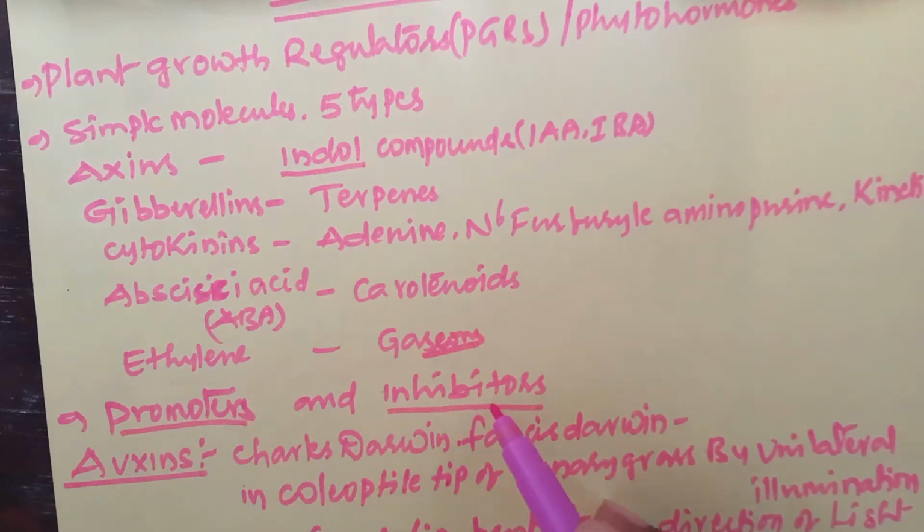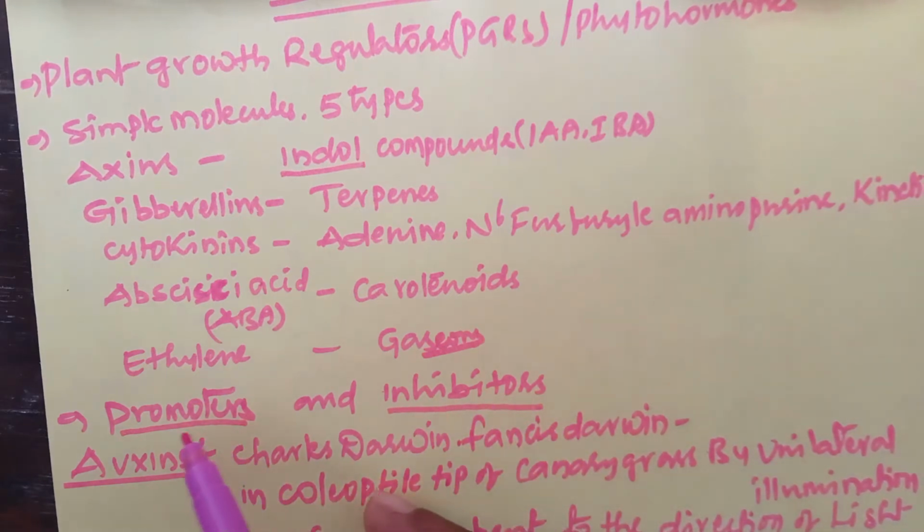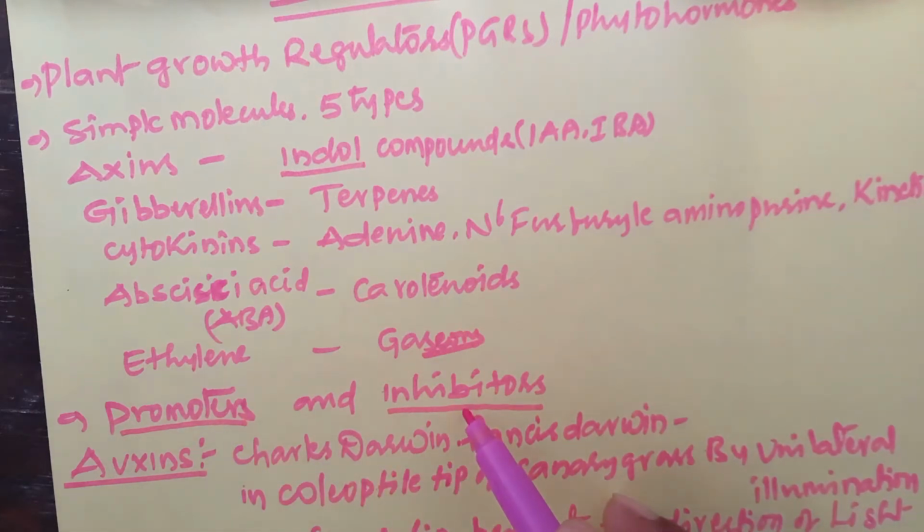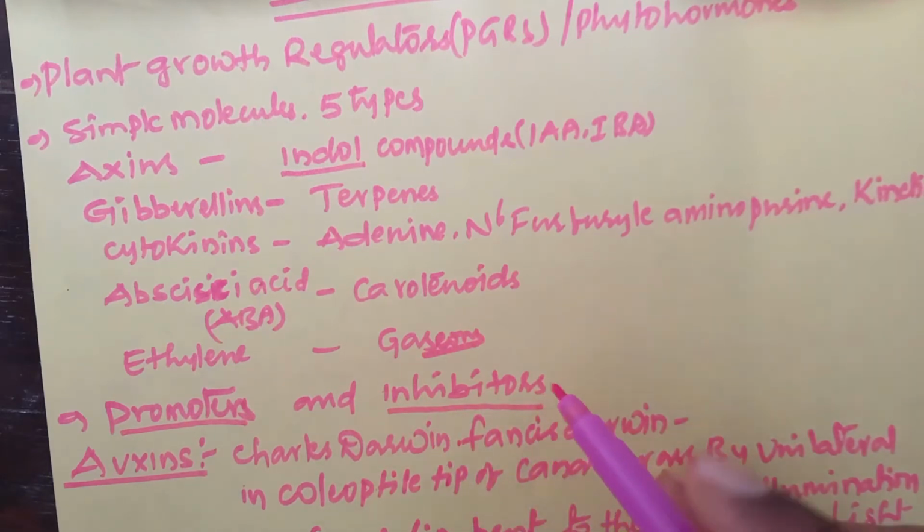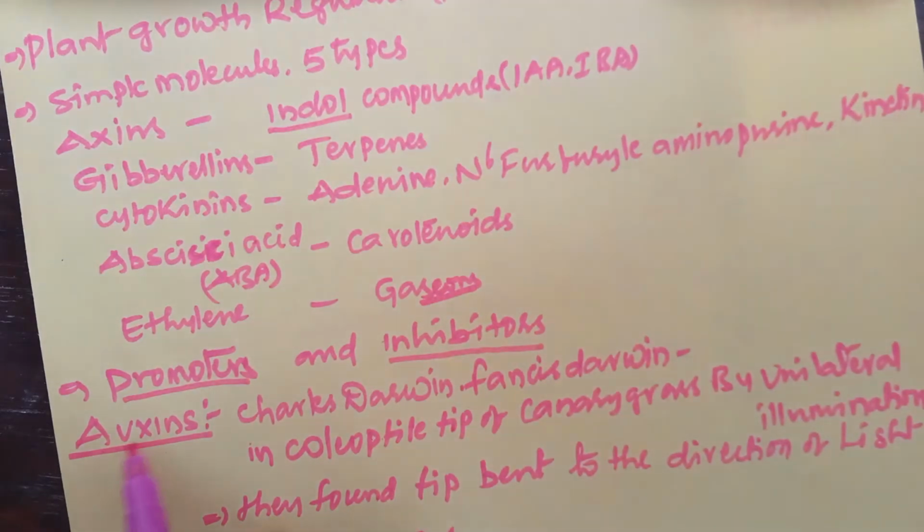Those that inhibit the growth of the plant body are called plant growth inhibitors. Examples of promoters: auxins, gibberellins, cytokinins. These 3 are the best examples of plant growth promoters. The best examples of inhibitors are abscisic acid and ethylene. Now come to the first one. The first plant growth promoter is auxin.